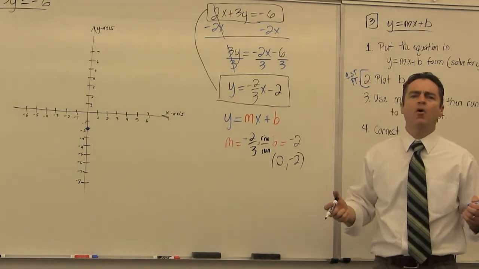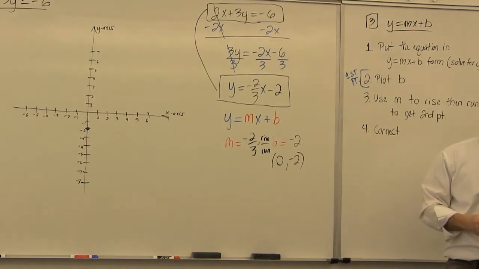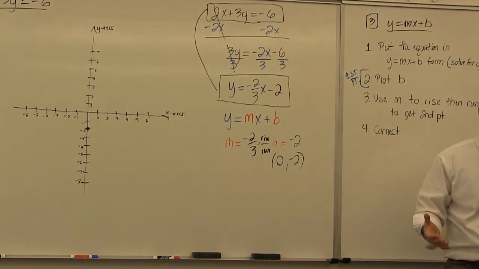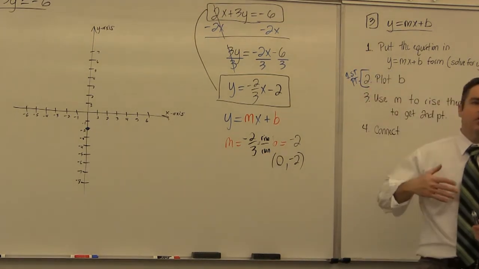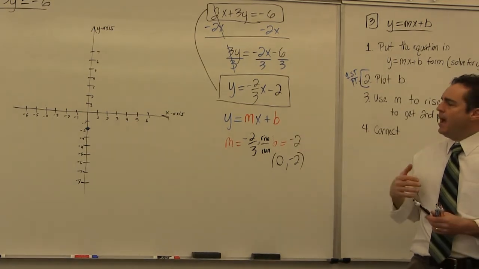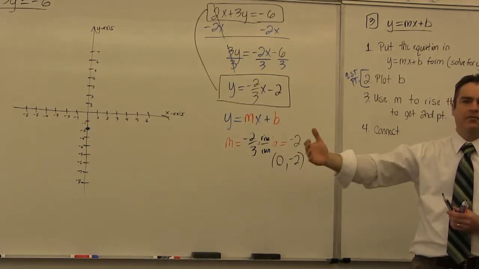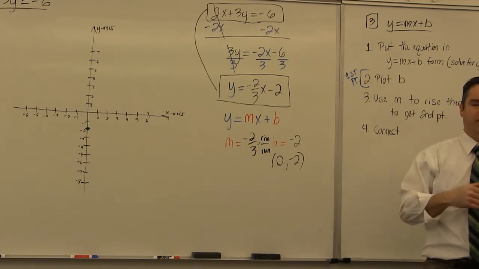Does rise mean to go up? In math, it can mean to go up if it is positive. It can mean to go down if it's negative. And run, does run mean to always go forward? In math, it means to go forward if we're positive. It means to go in reverse if we are negative.